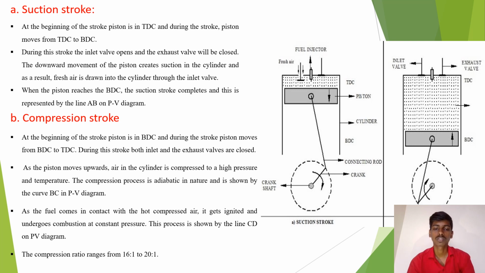The compression process is adiabatic in nature and is shown by the curve BC in the PV diagram. As the fuel comes in contact with the hot compressed air, it gets ignited and undergoes combustion at constant pressure. This process is shown by the line CD on the PV diagram. The compression ratio ranges from 16:1 to 20:1.